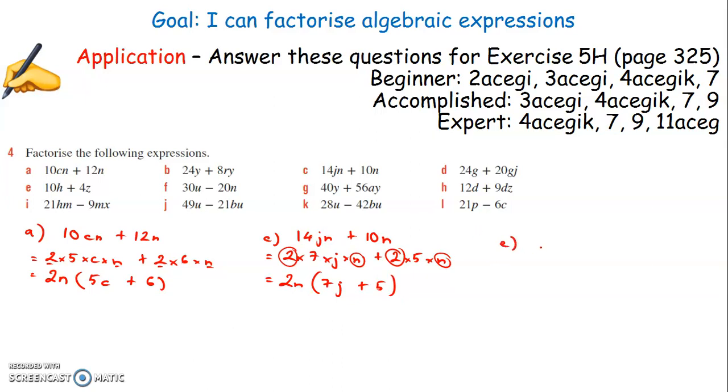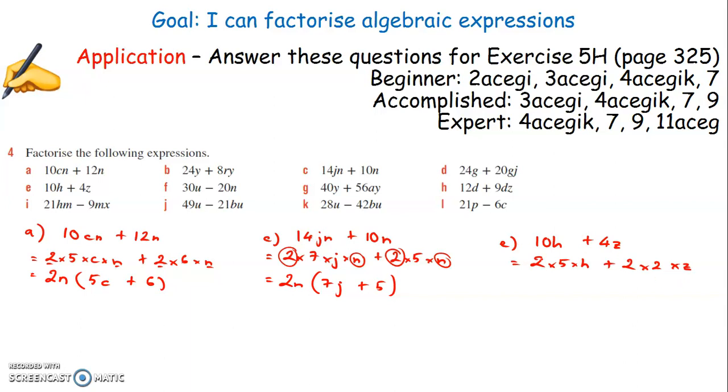Next one is E. We've got 10h plus 4z. So 10, I can rewrite that as 2 times 5, and then times h here. And then for 4z, we can rewrite that as 2 times 2 times z.